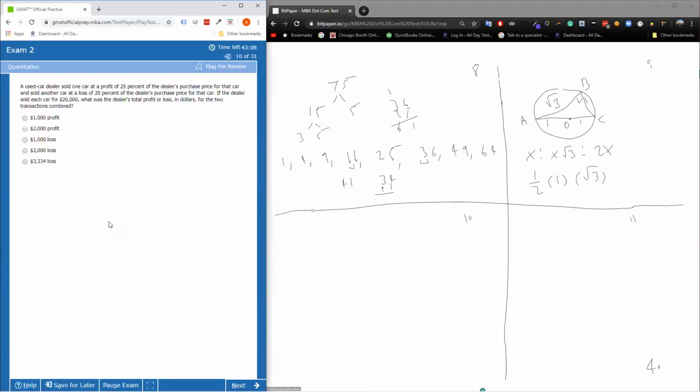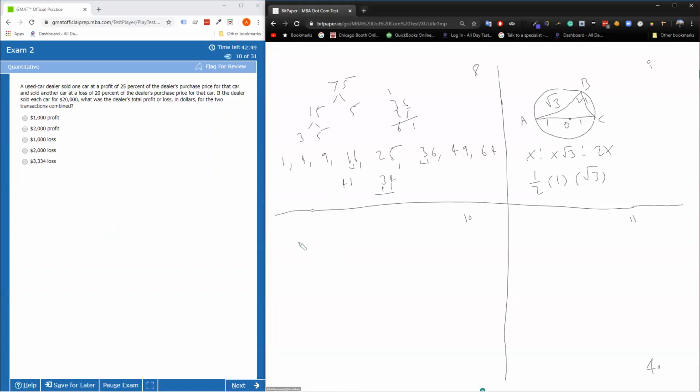A used car dealer sold a car at a profit of 25% of the dealer's purchase price for that car. Sold another car at a loss of 20% of his purchase price. If the dealer sold each car for $20,000, what was the dealer's total profit or loss in dollars for the two transactions combined? So he sold it for $20,000.